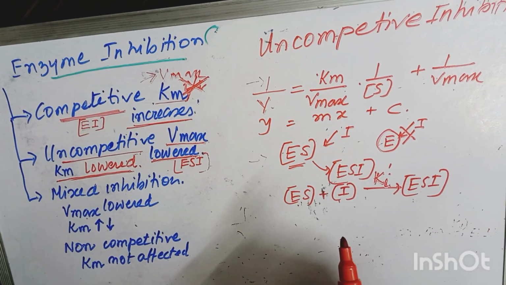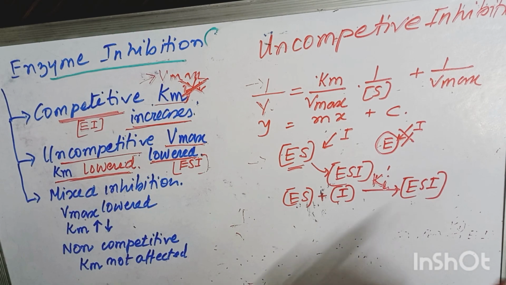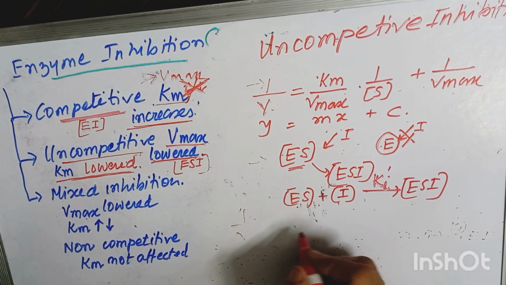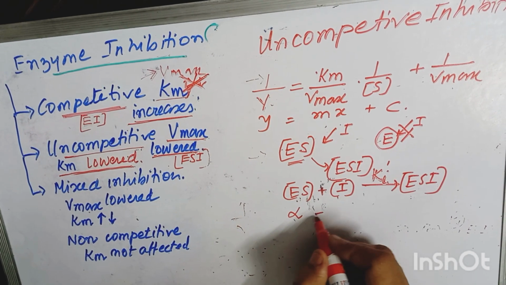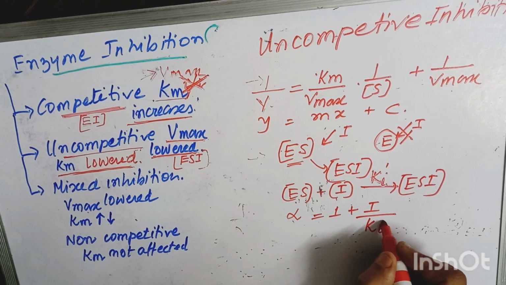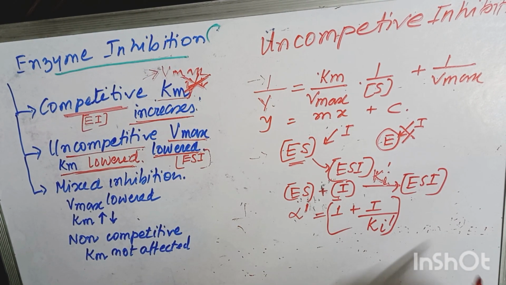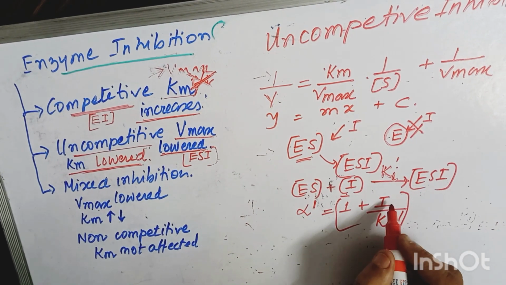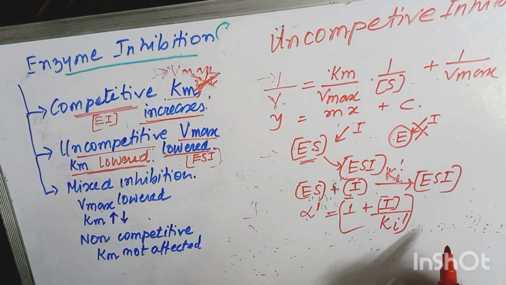It is not the same as Ki in competitive inhibition. Ki and Ki dash are different, and here the factor alpha dash is 1 plus I by Ki dash.